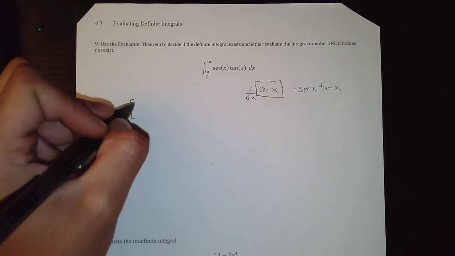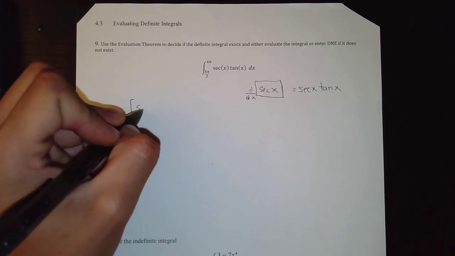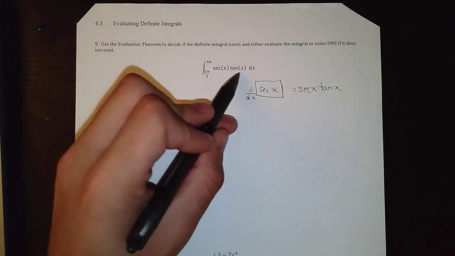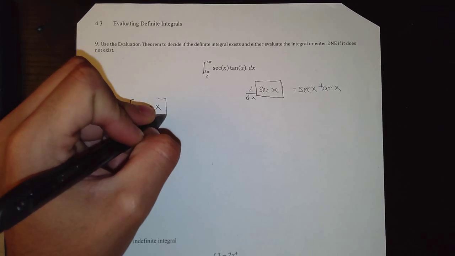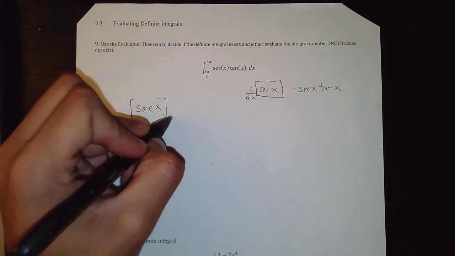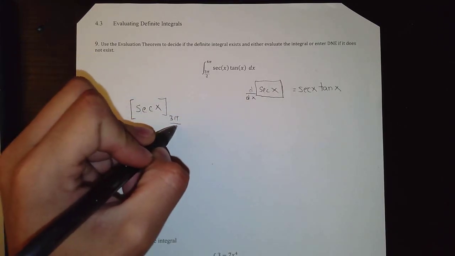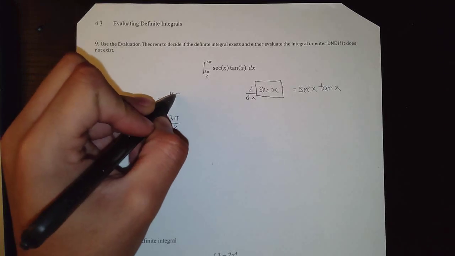So we're evaluating now. We're evaluating the antiderivative secant x from 3 pi over 2 to 4 pi.